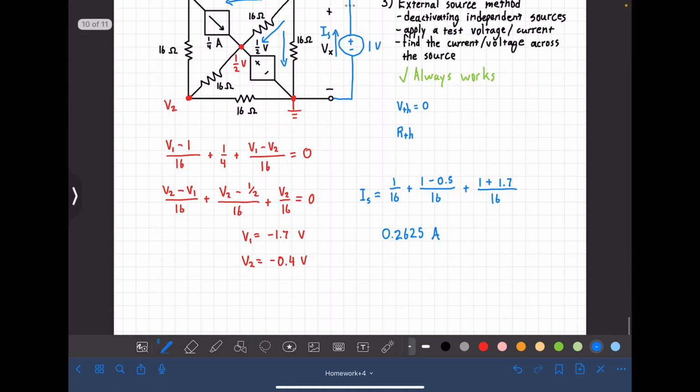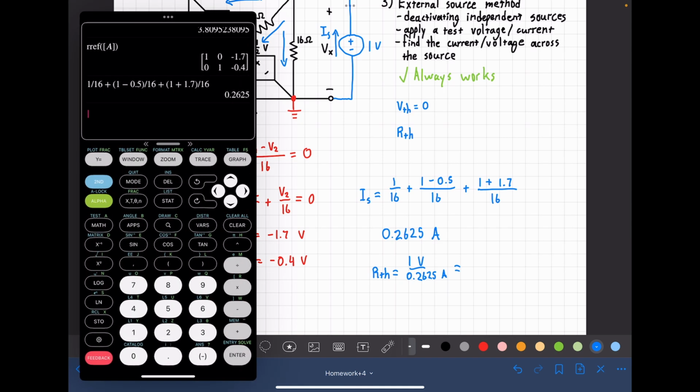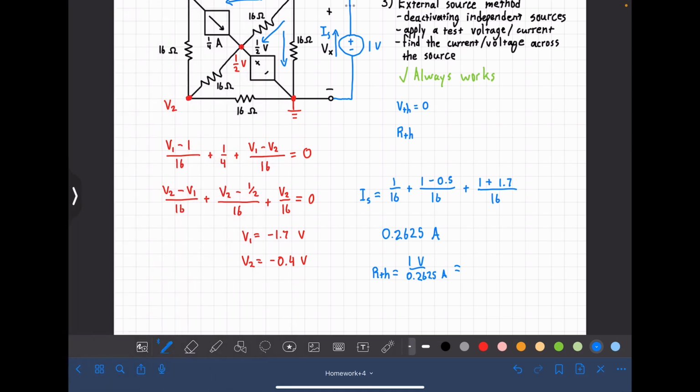Since we know the voltage is 1 volt, we know our Thevenin resistance from Ohm's law is just 1 volt divided by the 0.2625 amps. So our Thevenin resistance is 3.81 ohms.